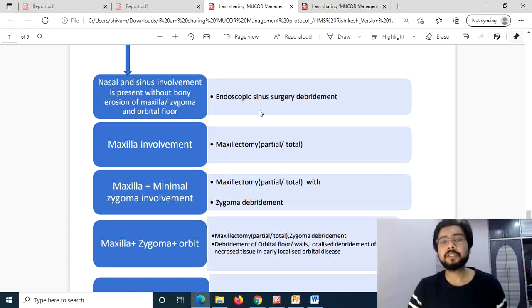So endoscopic sinus surgery debridement, if there is only nasal sinus involvement without any bone erosion of the maxilla or zygoma or the orbital floor. But if there is maxilla involvement, you have to remove that part.